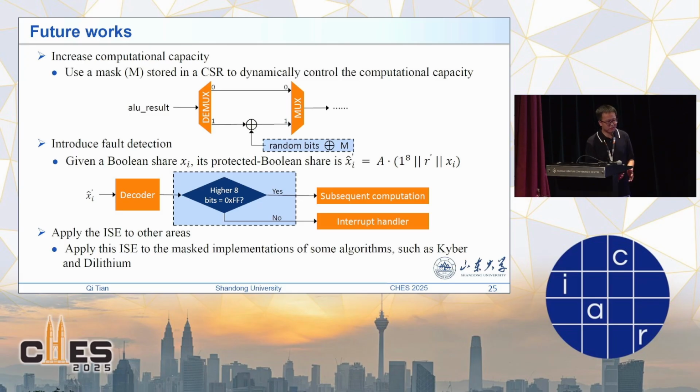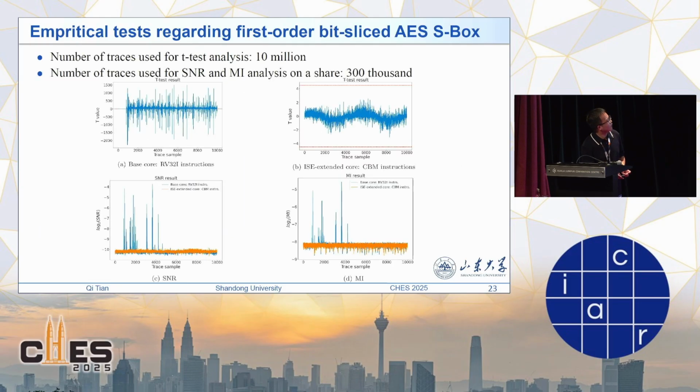Sorry, have you implemented your ISE for AES or symmetric crypto, for example? This is the AES S-box. Did you implement the whole AES, the complete one? No, we just tested the first-order AES S-box.